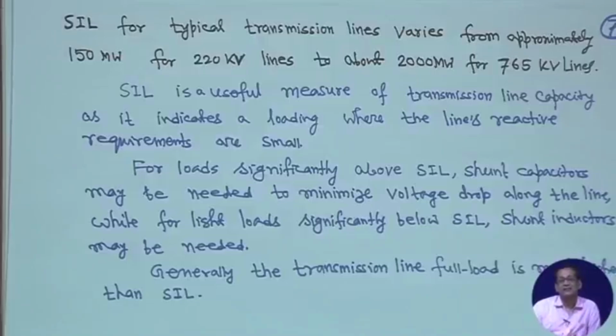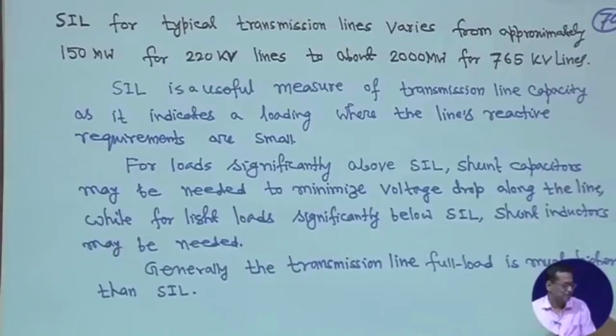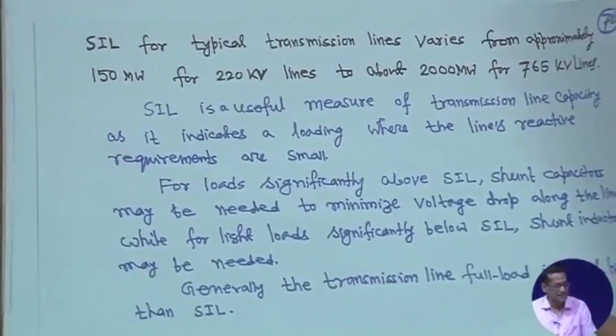Then we saw that under no load condition, the receiving end voltage is higher than the sending end voltage. This is a typical phenomenon for a transmission line, and it happens due to the charging admittance. But we will take a small example of velocity of propagation and surge impedance.